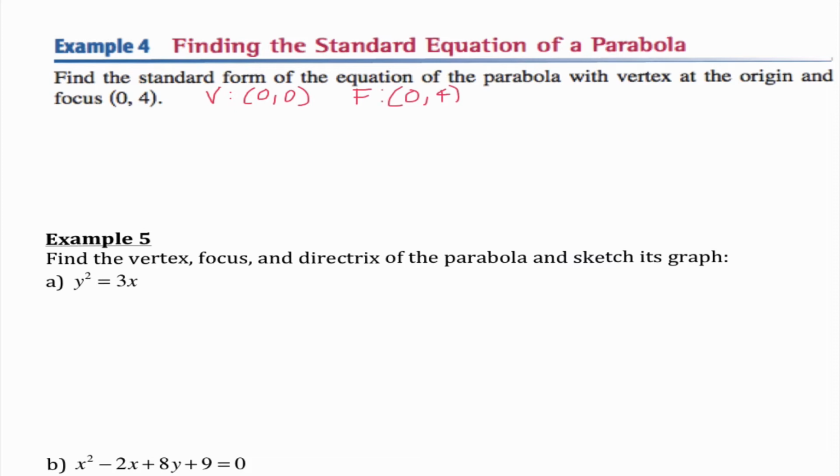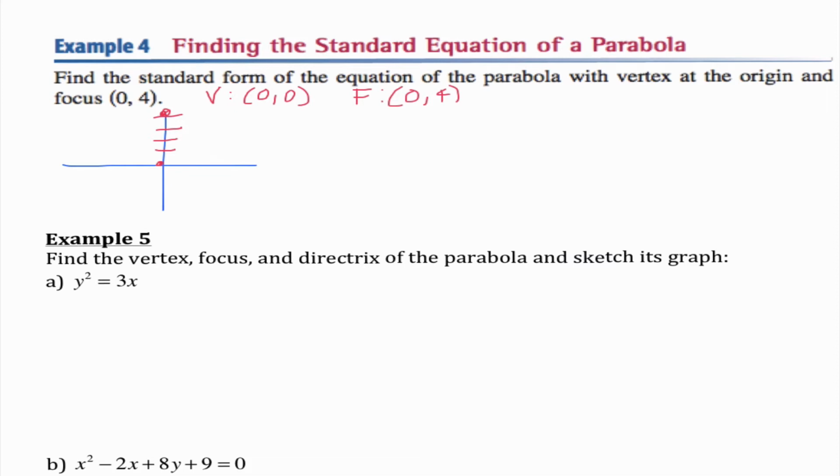Now, my big hint to you guys for this entire chapter is even though this is not asking us to graph, when in doubt, I want to go ahead and sketch a graph if it helps me out. Okay? So sketching a graph sometimes will help us learn some information. And what's going to happen here, okay, 0, 0 is the vertex. 0, 4, so I'm going to go up 1, 2, 3, 4, is our focus.